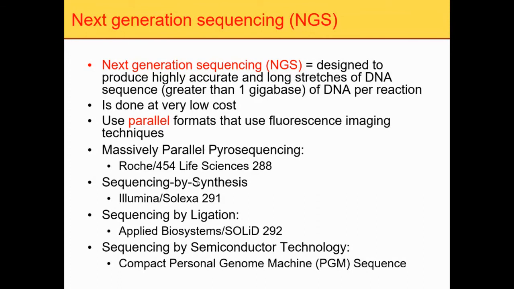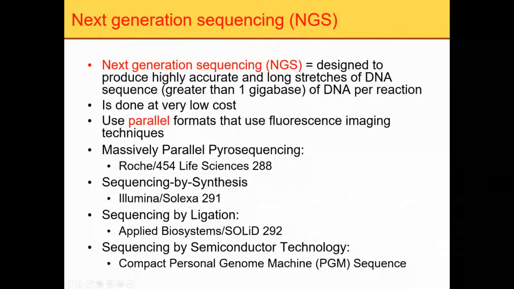So as long as you incorporate a specific nucleotide, they detect the signal, right? And after they record the signal, they remove the block from the 3' carbon, and then they can continue to add the next nucleotide. So that's sequencing by synthesis.